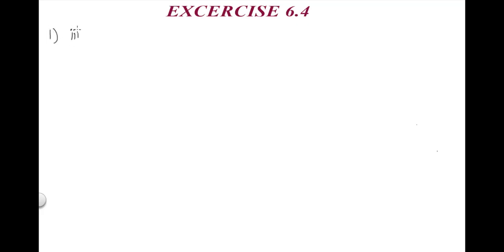In the third part, we have to calculate the value of under root 0.6. We have to find the approximate value of 0.6 using differentials. So again we see the function is of the form y equals under root of x, where x is 0.64 and delta x is minus 0.04.